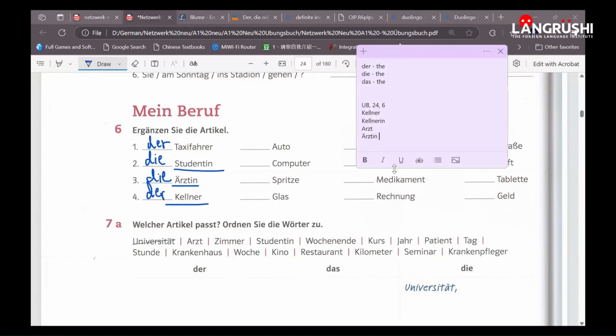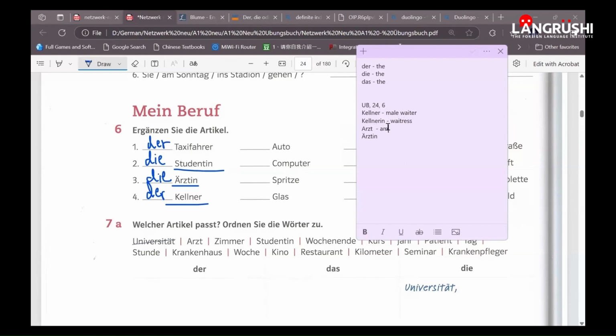Now the female, like we have shikshak and shikshika. So in Hindi we have two versions of the same profession, no? So this Kellner is a male waiter, and Kellnerin is a waitress. Okay.